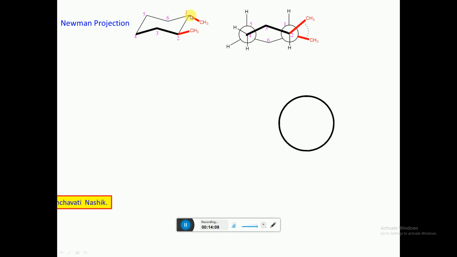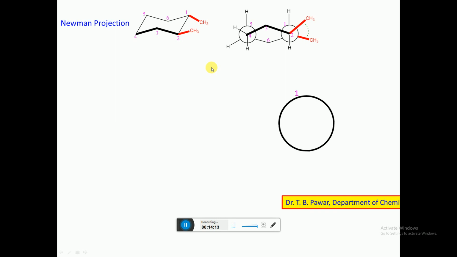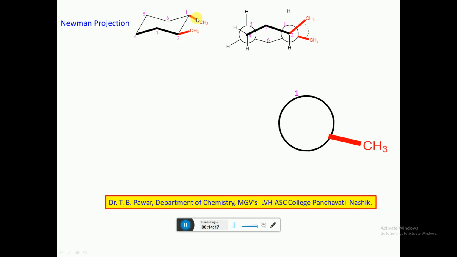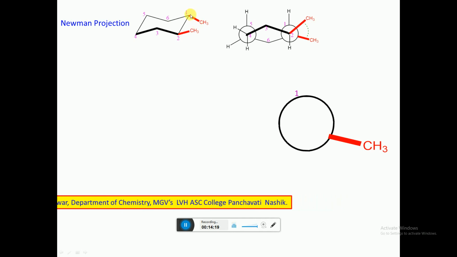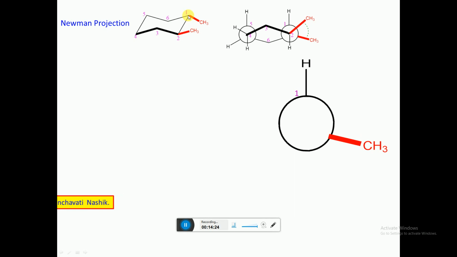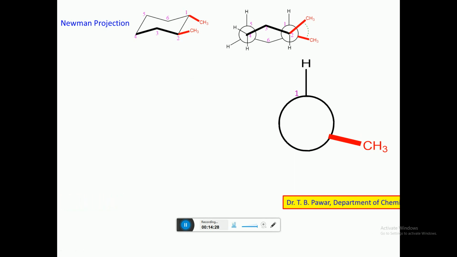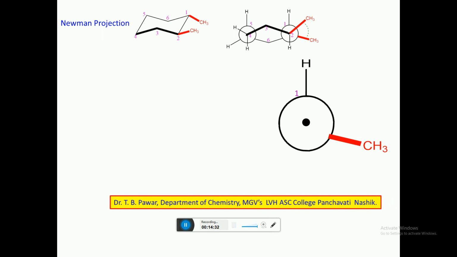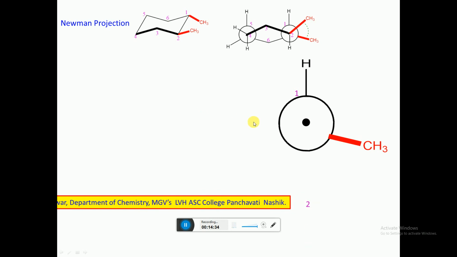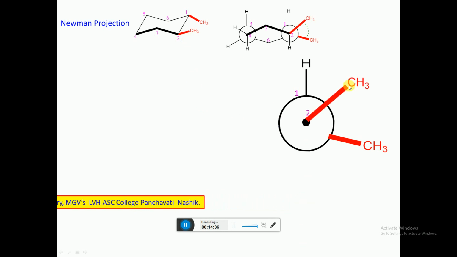Carbon number 1 is at the back, and the back carbon is represented by the circle. Carbon 1 is attached to carbon number 2. At carbon number 1, there is a methyl group in an equatorial position and a hydrogen in an axial position. Carbon number 1 is attached to carbon number 2, which is denoted by the center of the circle. And at carbon number 2, there is one equatorial methyl group and one axial hydrogen.